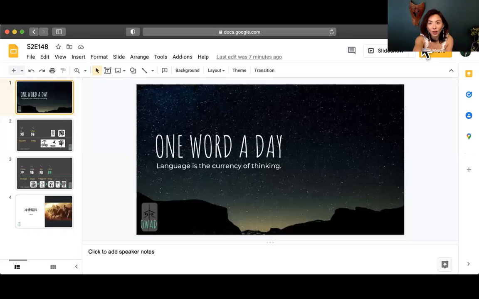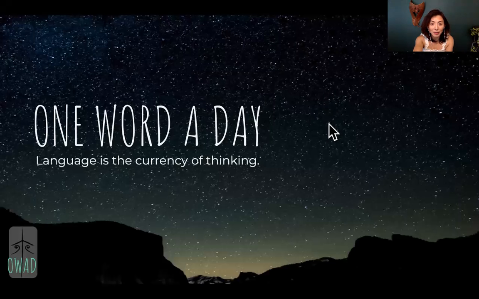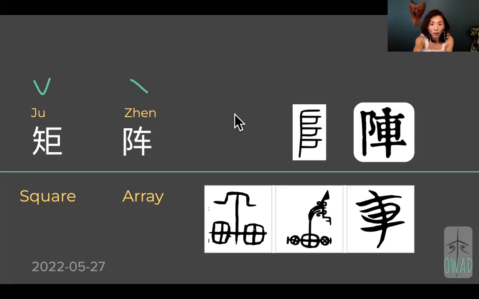We are going to continue on this journey of learning just one Chinese expression a day. By doing so, we can connect some dots along the way because I'm going to use the same character from one expression to another. 矩阵 was what we were talking about last time.